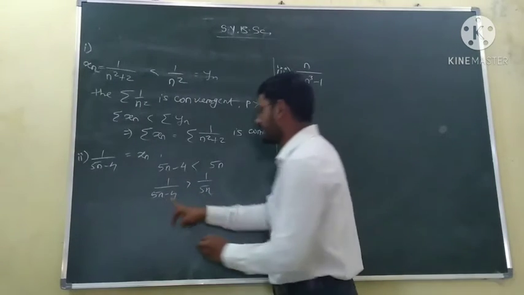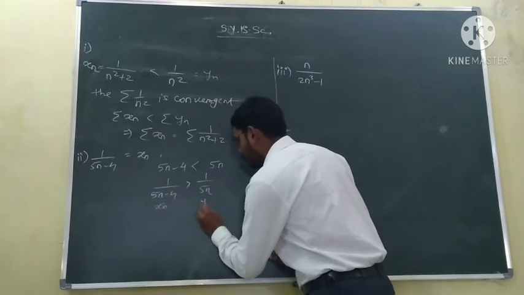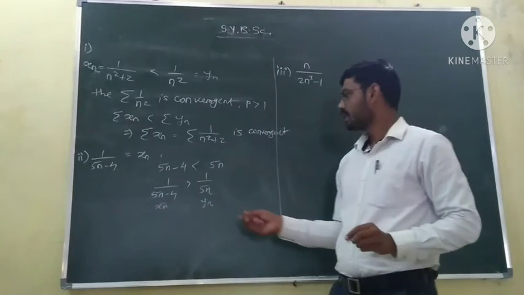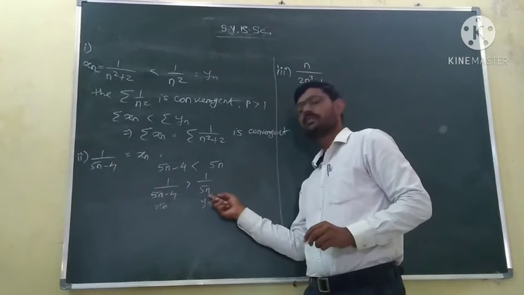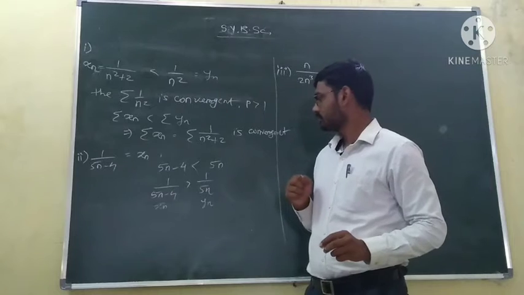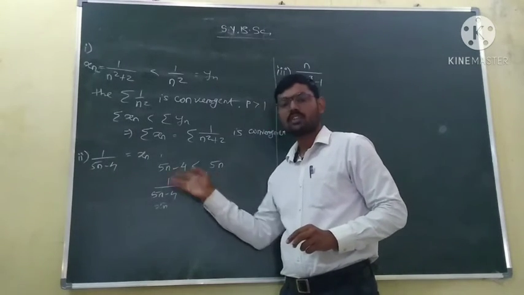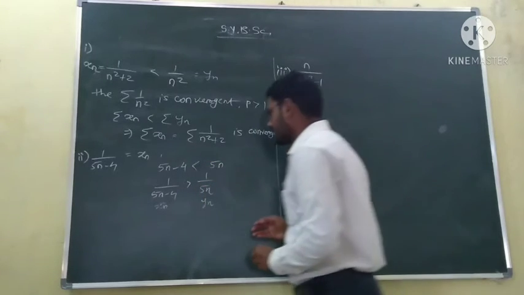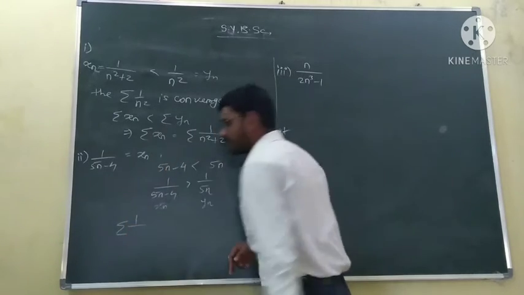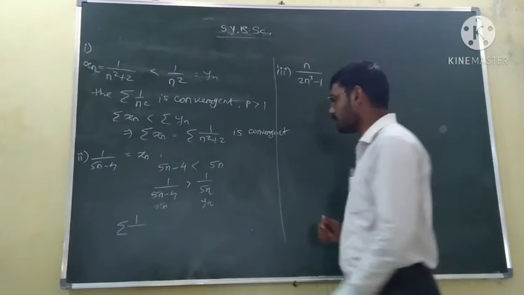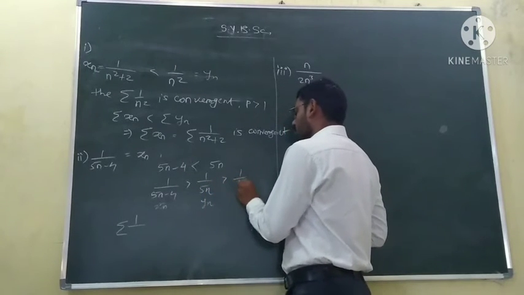Now this is our xn, and this is our yn. So the series whose nth term is this is greater than the series whose nth term is this. Now the 1 over 5 is constant. We can write one more thing: 1 by 5n is greater than 1 by n only.